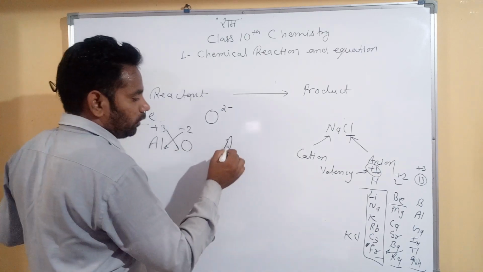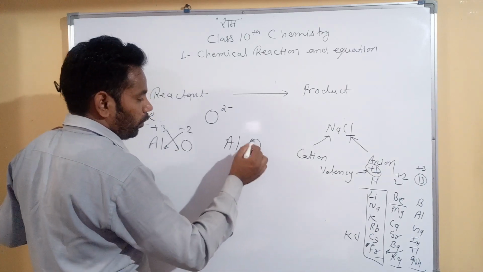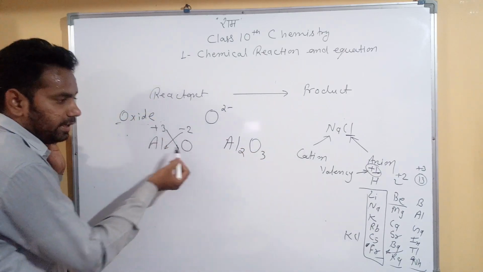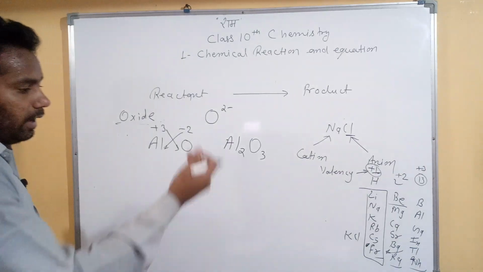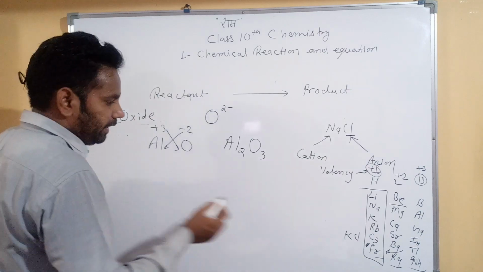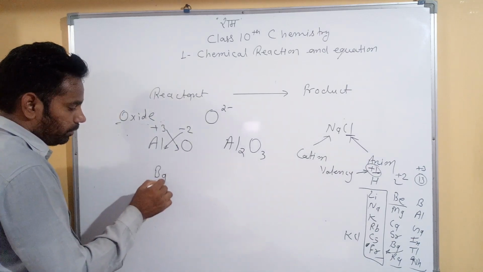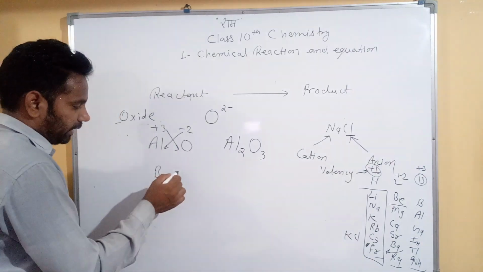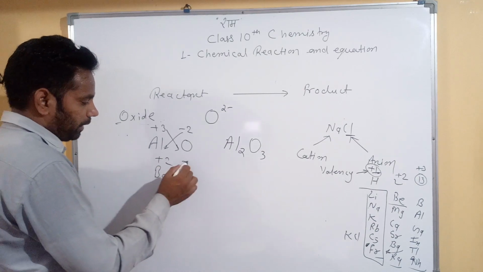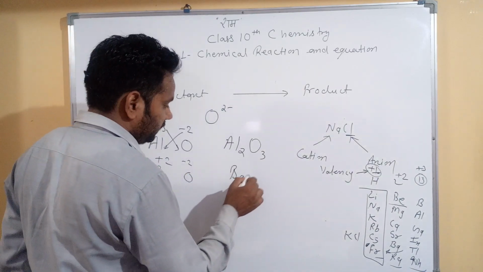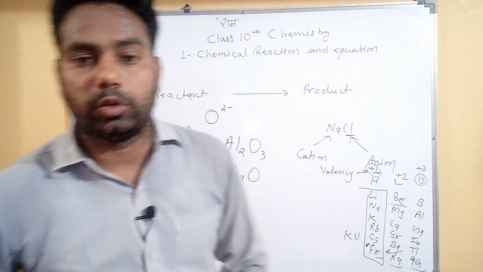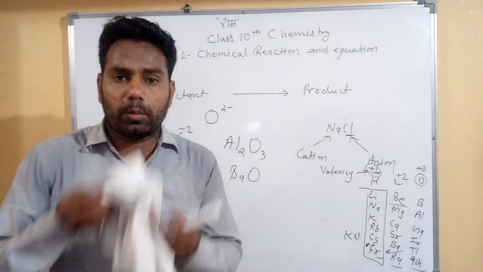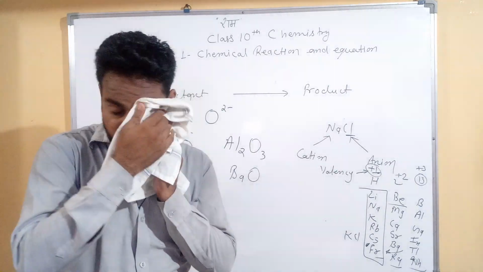The formula of aluminium oxide is Al2O3, because 2 goes here and 3 goes here. Then again we write barium oxide. Barium is +2 and oxygen is -2, so the formula of barium oxide is BaO. Clear? Okay, so the formulas of chloride and oxide are clear.